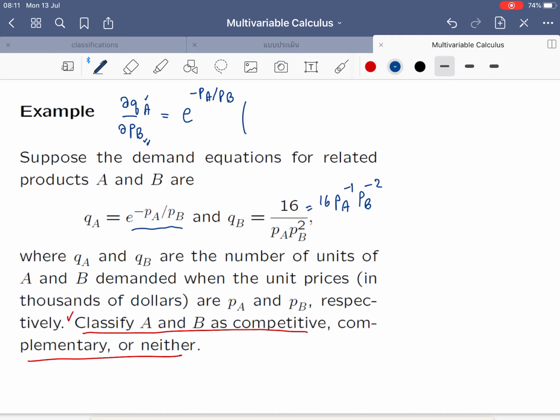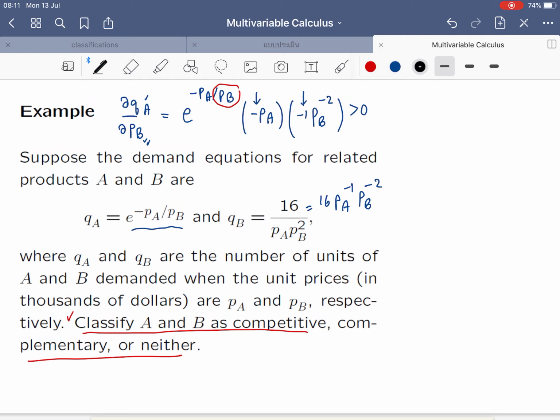The negative PA has nothing to do, but the derivative goes directly to 1 over PB, which is -1 times PB raised to the power -2. So we got two negatives multiplied, so it is a positive quantity, right?